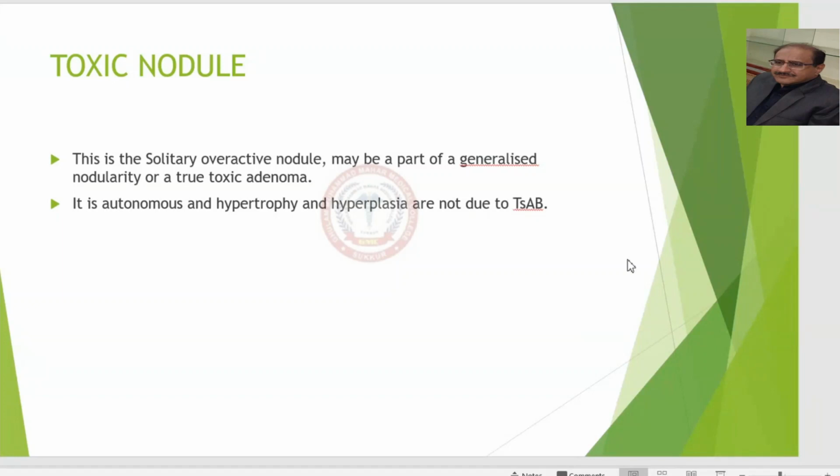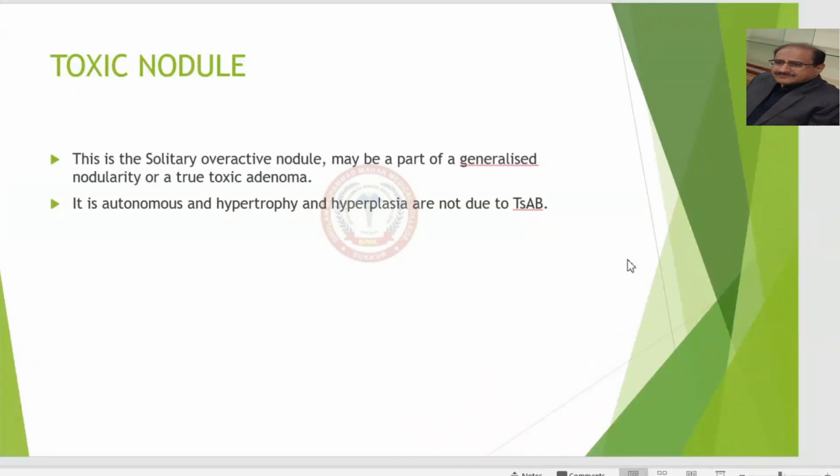That is hyperactive. That is secreting increased concentrations of thyroid hormones, while the rest of the thyroid gland is normal, secreting normal quantities of thyroid hormones. And one single nodule is toxic, producing increased levels of thyroid hormones.